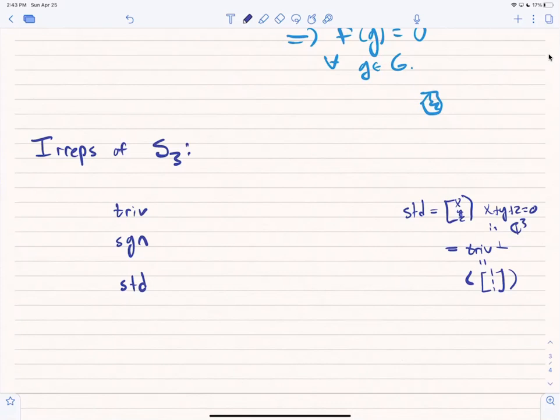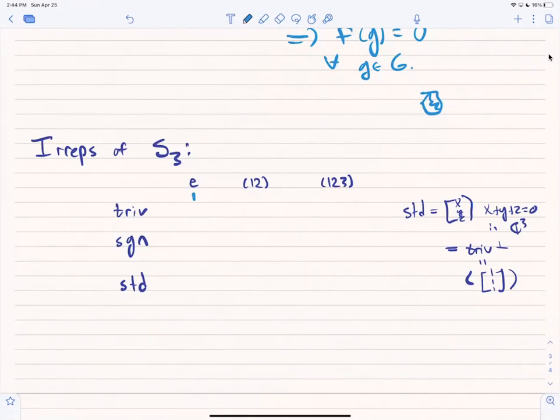And well, there are also only 3 conjugacy classes in S3. There's the trivial conjugacy class, there's a conjugacy class of transpositions, and there's a conjugacy class of 3-cycles. The trivial class has 1 element.